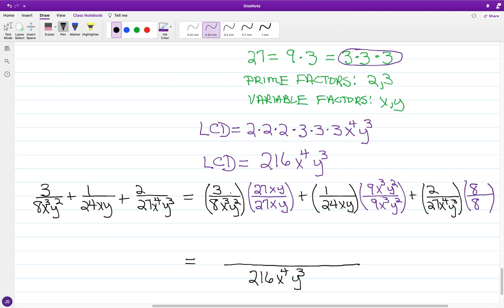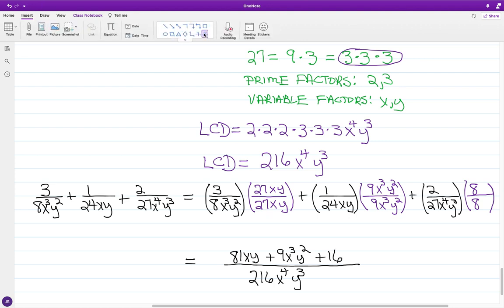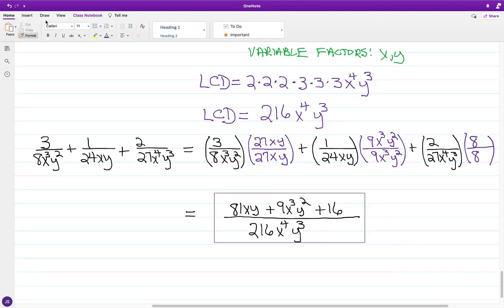And as for the numerators, we've got 3 times 27xy, so I have 81xy, plus 9x cubed y squared, and finally plus 16. And that will be the final result in this case.